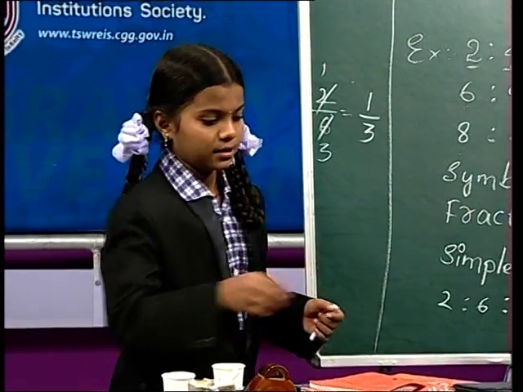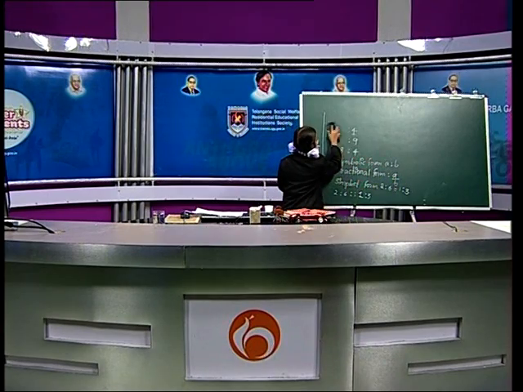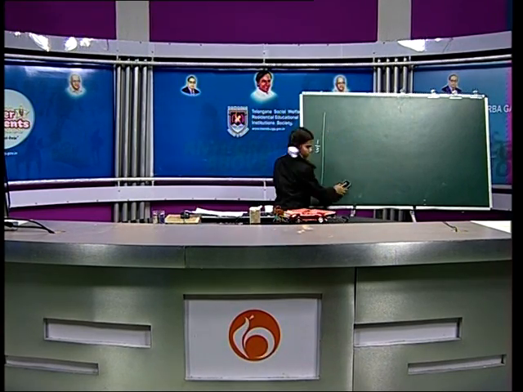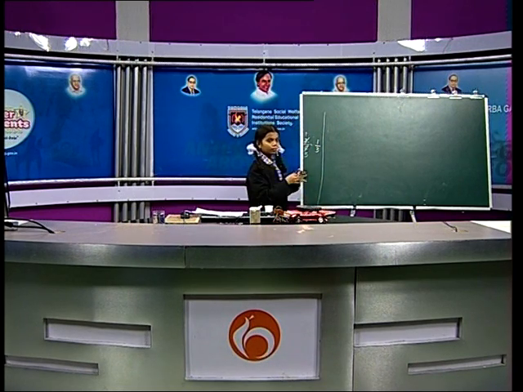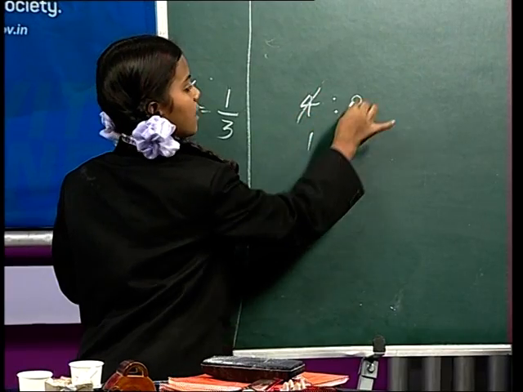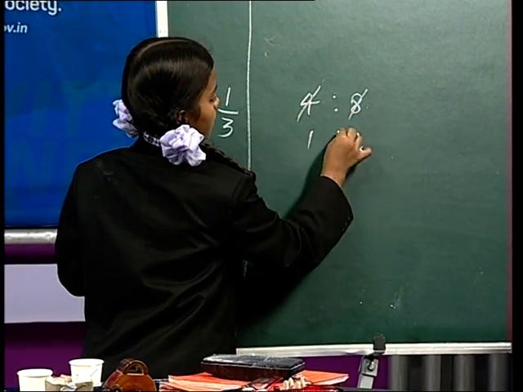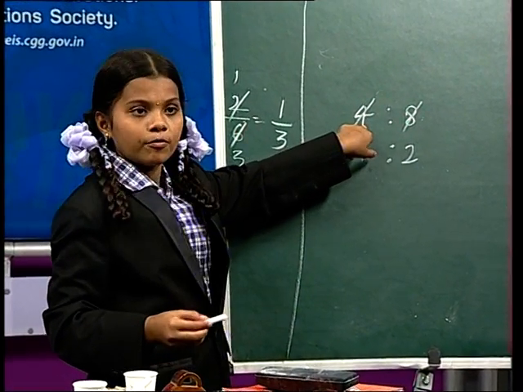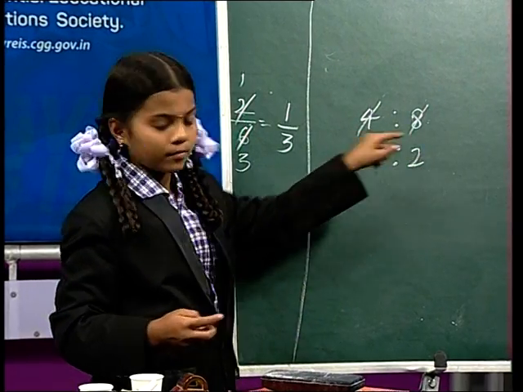If we take examples, 4 is to 8. 4 ones are 4, 4 twos are 8. 1 is to 2 is the simplest form of 4 is to 8.